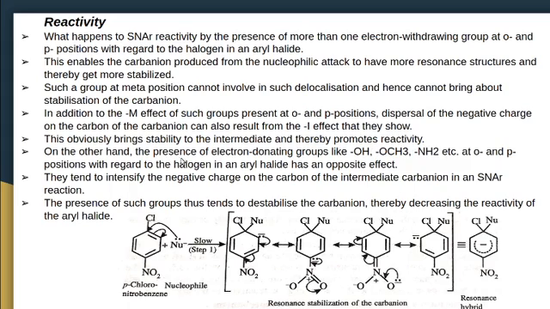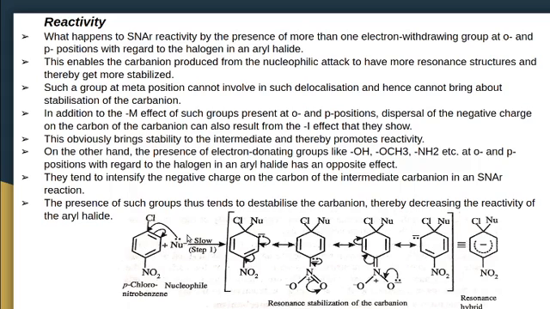On the other hand, the presence of electron donating groups like OH, OCH3, NH2 at ortho and para positions with regard to the halogen in an aryl halide has an opposite effect. That means electron donating groups present at ortho and para positions release electrons to the benzene ring, so it intensifies the electron density in the ring.